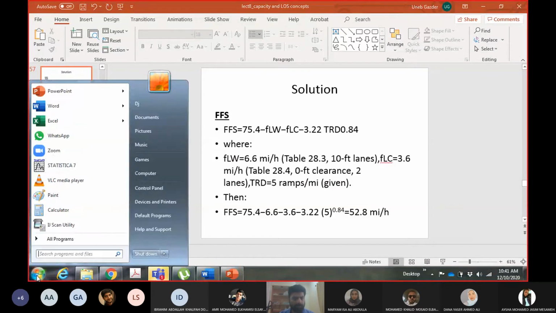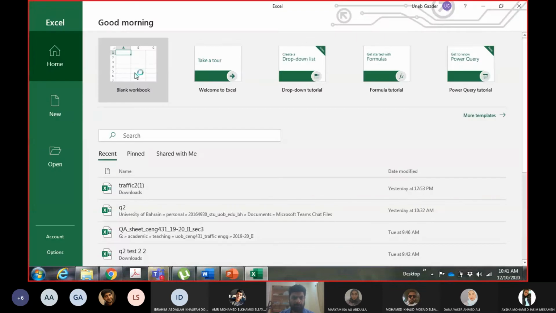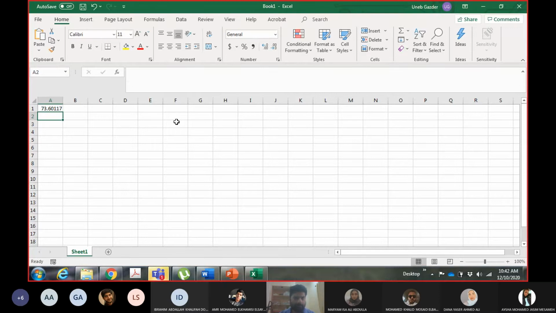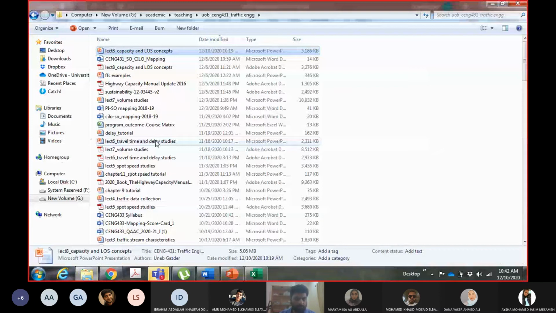Let me just check the equation from the book.